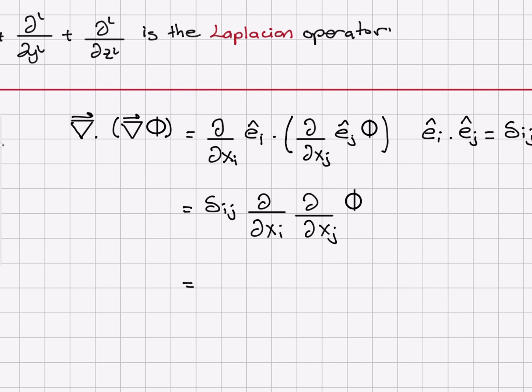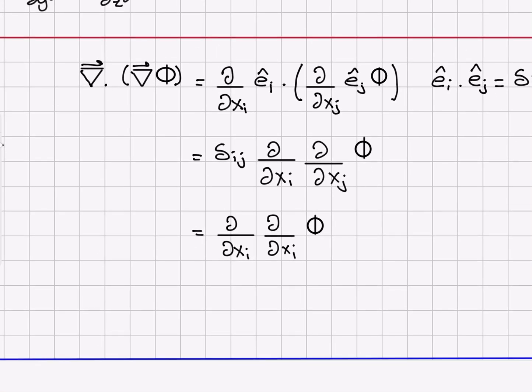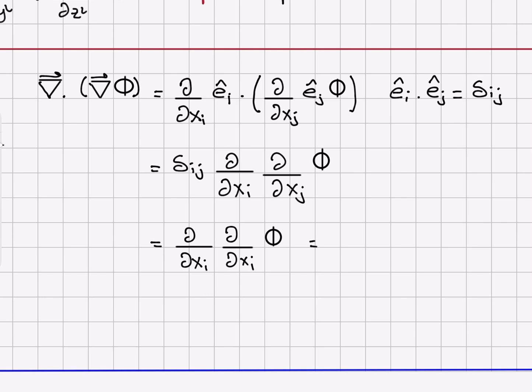So we're looking at the partial derivative with respect to xi, and then again the partial derivative with respect to xi, acting on our scalar field phi. Okay, so that means we're taking the second derivative with respect to xi. So this is del squared over del xi squared acting on our scalar field phi.